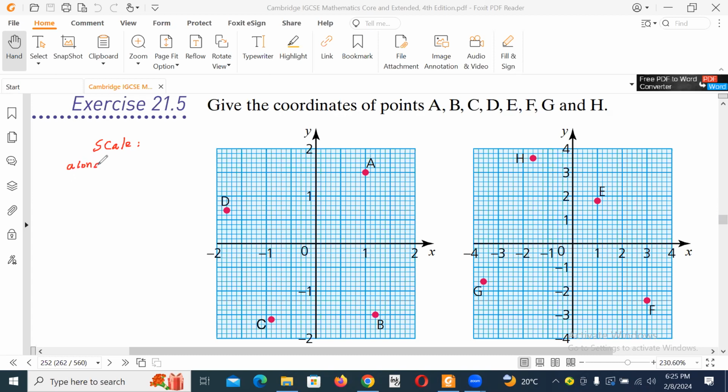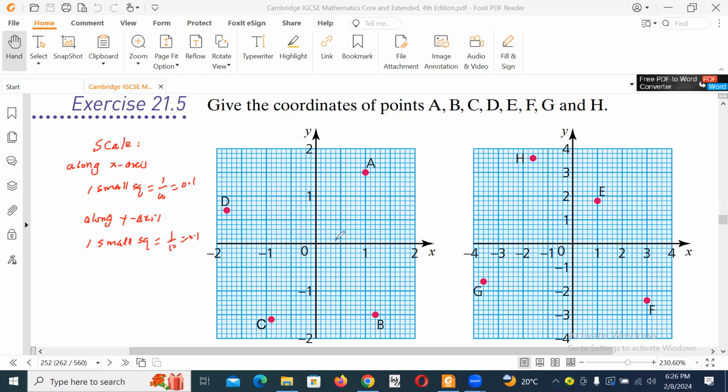Scale along the x-axis: from 0 to 1 we have 10 boxes, so each small box equals 0.1, or 1/10. Same for the scale along the y-axis: from 0 to 1 we have 5 and 5, so 10 small boxes, the same scale along the y-axis as well, 1 over 10, which gives us 0.1.